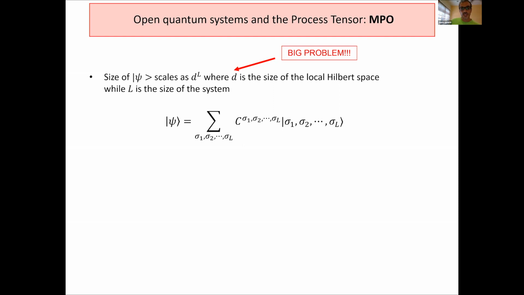If I consider a large many-body system, for example L spins, sigma 1, sigma 2, all the way to sigma L, each one with a local Hilbert space of dimension D, okay? If I want to describe my wave function psi, I will need the coefficients C of sigma 1, sigma 2, up to sigma L, which go as D to the power of L. And this becomes quickly unmanageable.